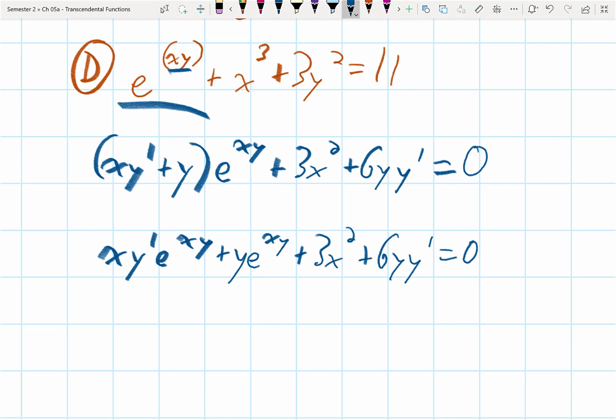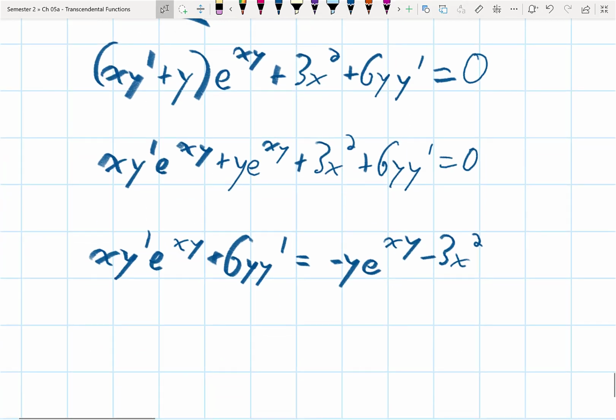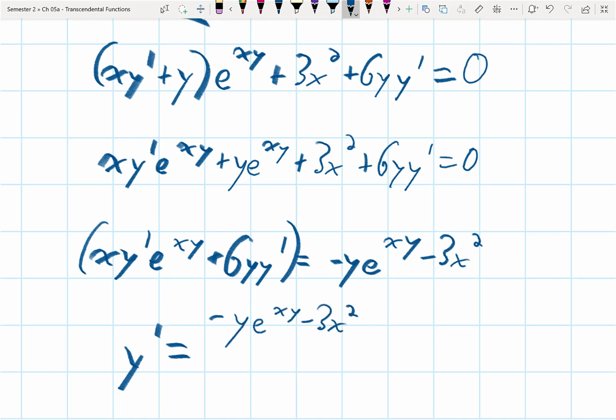Remember, we're going to get the y prime terms on one side and the non-y prime terms on the other side. Factor the y prime out and divide what's remaining over to the other side. y prime equals negative y e to the xy minus 3x squared over x e to the xy plus 6y.